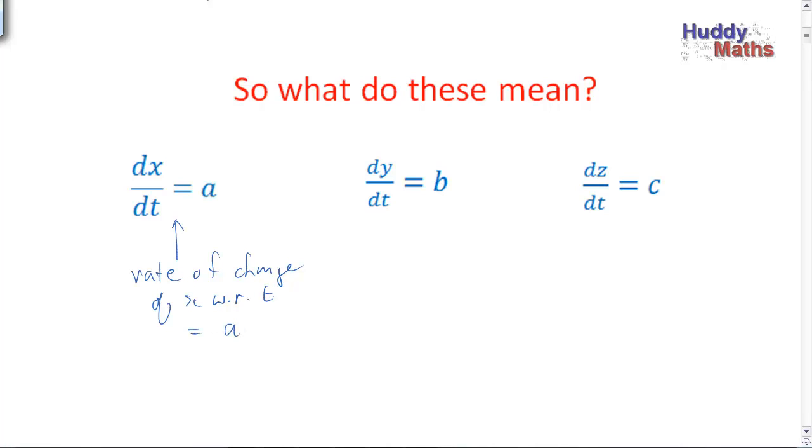So as t changes by 1 unit, x would change by a units, and a could be positive or negative there. Same thing: rate of change of y with respect to x, rate of change of y with respect to t, and rate of change of z with respect to t. All right, and we're going to look at whether functions change uniformly or regularly or not.